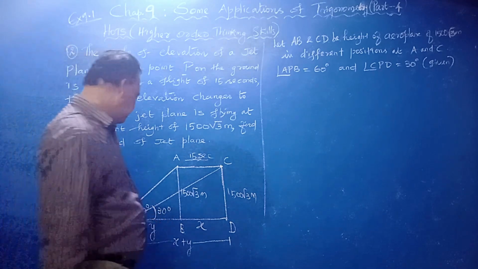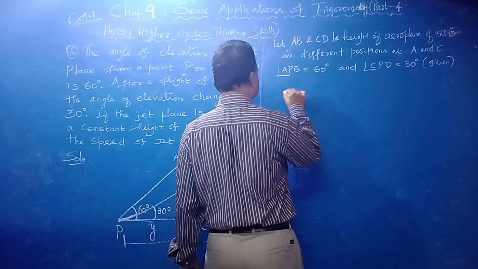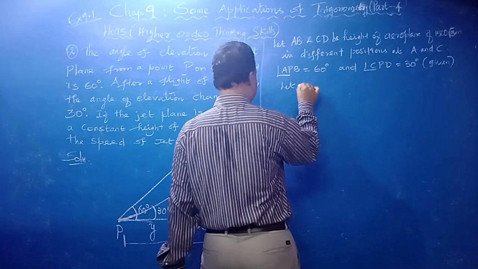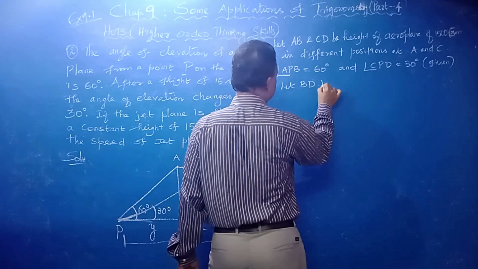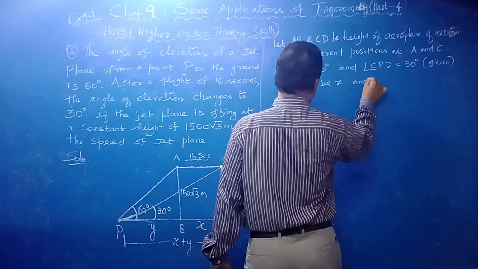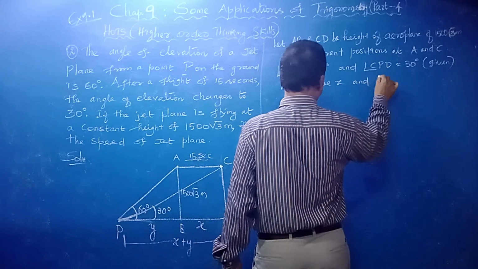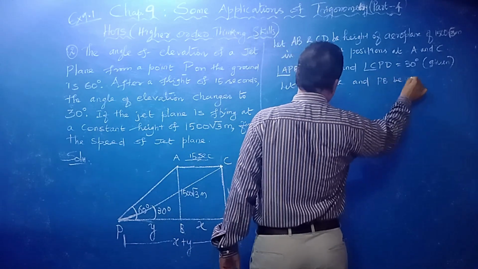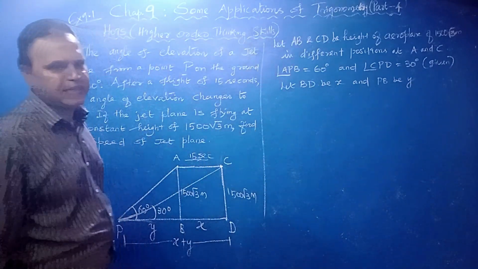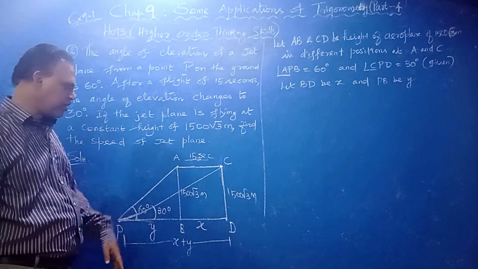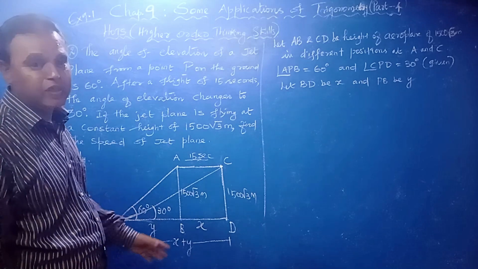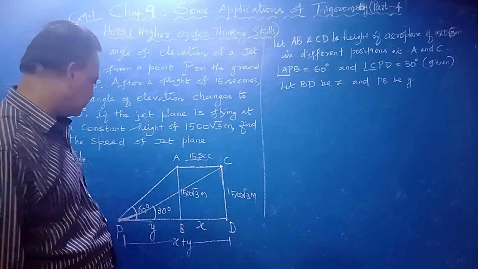Let BD be x and PB be y. For our convenience you can take this. Without taking it also you can do it, but it will be easy.